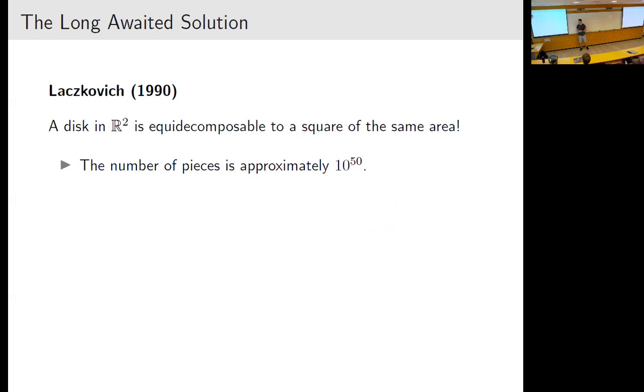Okay, so Laczkovich proved that in fact, you can turn a disk into a square. A few comments about his proof. The number of pieces is pretty big, about 10 to the 50.